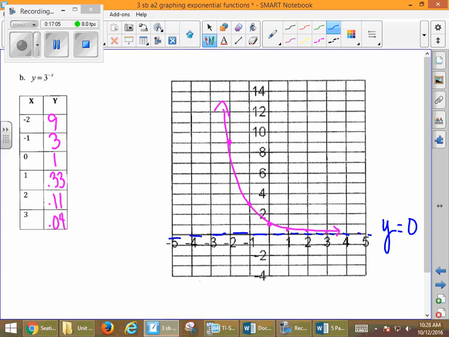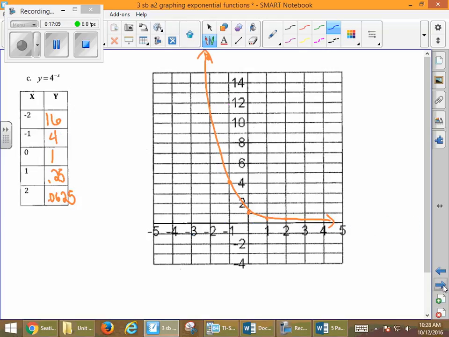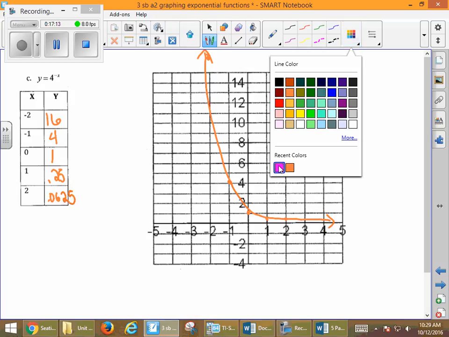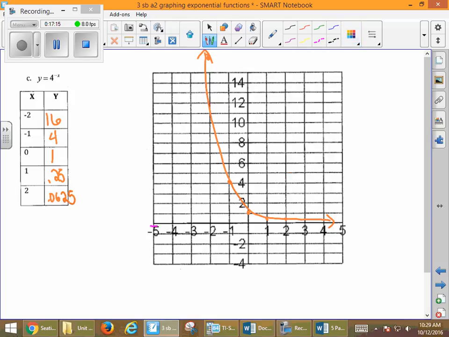And if we look at part C, same question. Do we have an asymptote at y equals 0? And again, what that means is we have a line that we're approaching, but we never quite reach. So there's our picture on that.